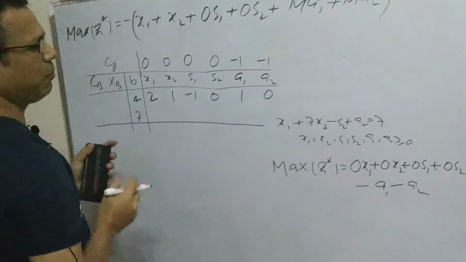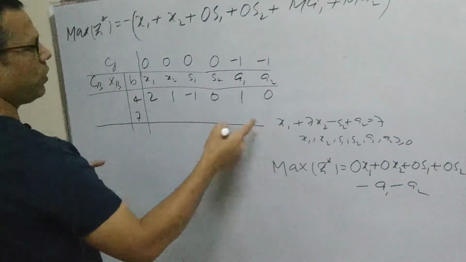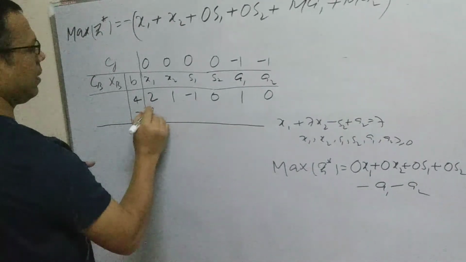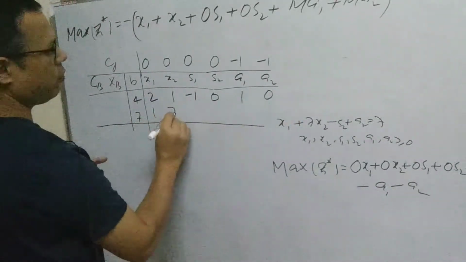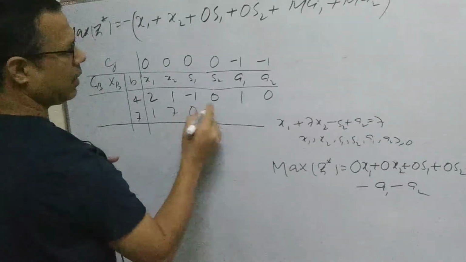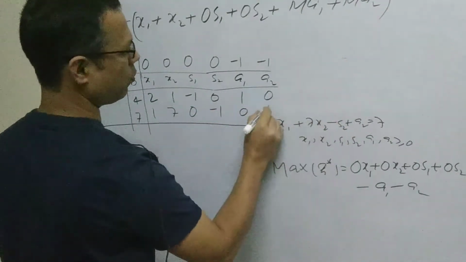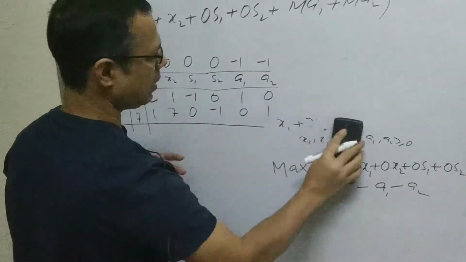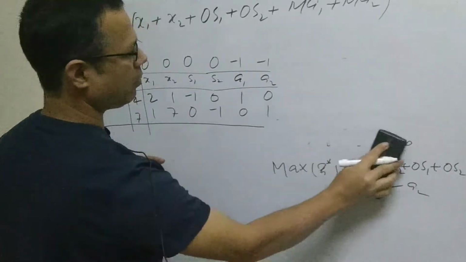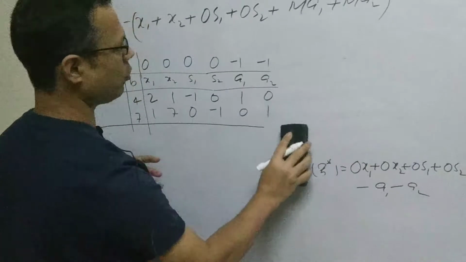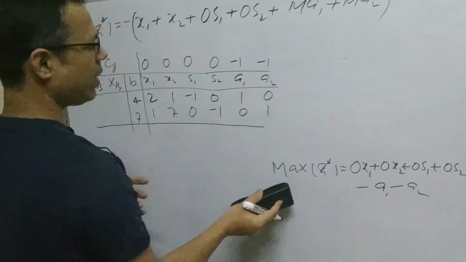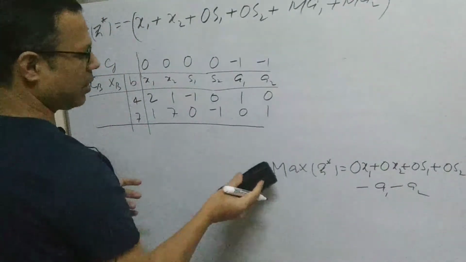Next, 1x1, 7x2, there is no s1, minus 1 s2, there is no a1, 1 a2. Now these terms are completed, and all the variables must be greater than or equal to 0. These are the objective functions of phase 1.